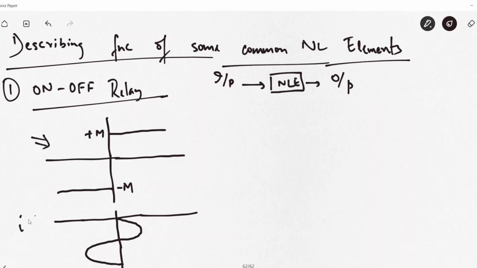This is our input to the system, that is the sinusoidal input, and superimposing these two, the magnitude of this sinusoidal input is x, that we have already established yesterday.